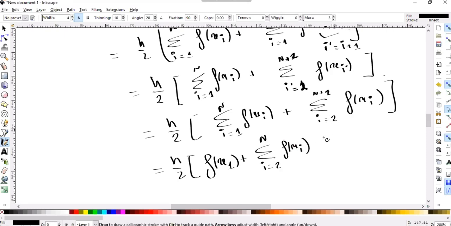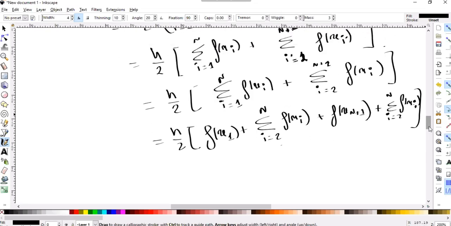And here I will put outside the f of x n plus 1, plus the sum of i equals 2 to n of f of xi. This is just to have here the same sum. Right? So now I can express it as the same sum.